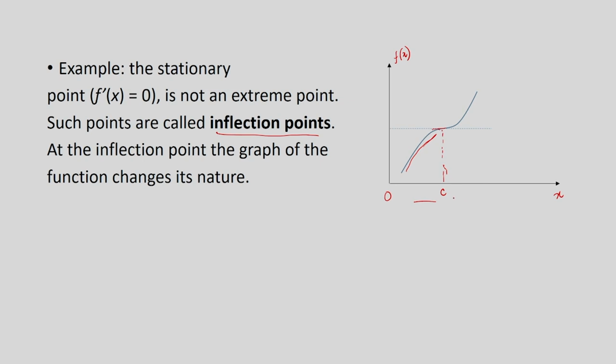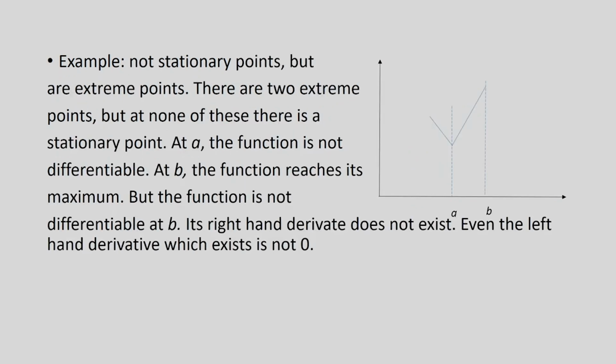But to the right of C, the function is rising at an increasing rate. It is getting more and more steep to the right. That is why I am saying that at the particular inflection point, the nature of the graph of the function changes quite a lot. We are going to talk more about that in some later lecture.